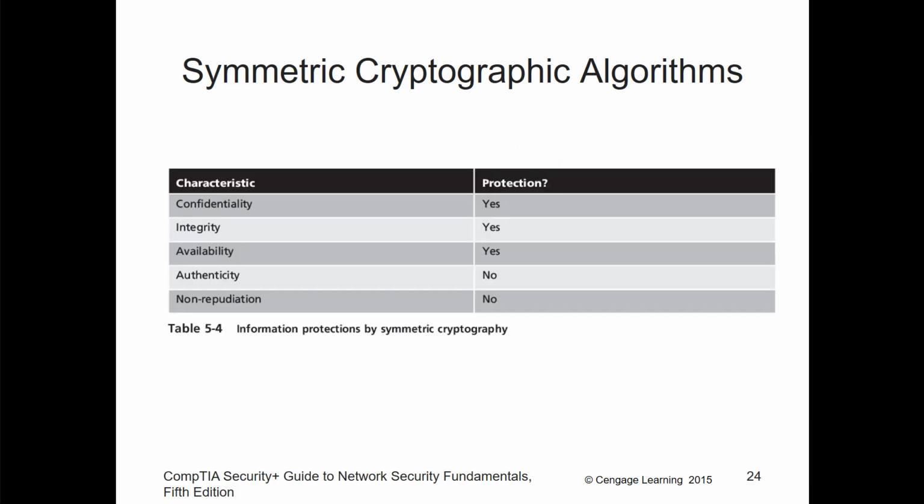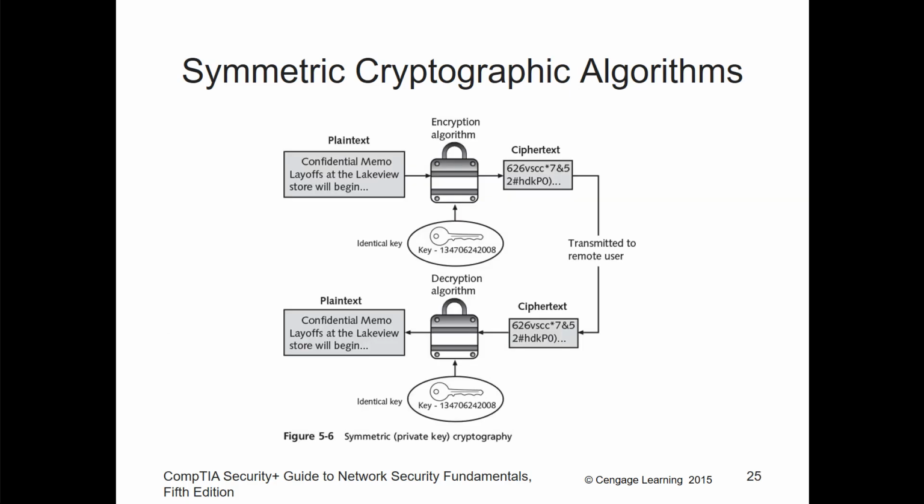The issue with symmetric is that it may fit the first 3, confidentiality, integrity, and availability, but things like authenticity and non-repudiation, they don't really meet. Again, the same key to encrypt and decrypt our messages.